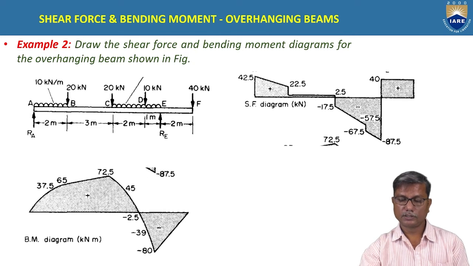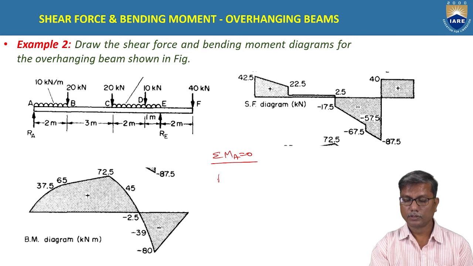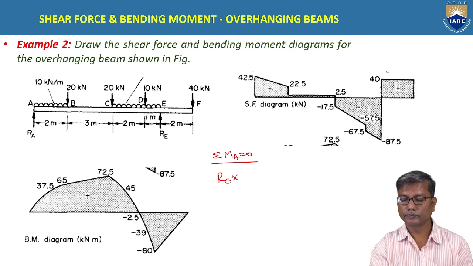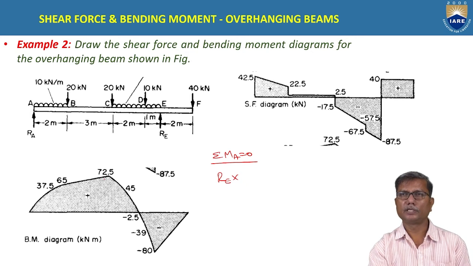For the given beam, we find the reactions first by applying the condition sigma MA equal to 0. You will have RE into the distance from A, 8 meters.